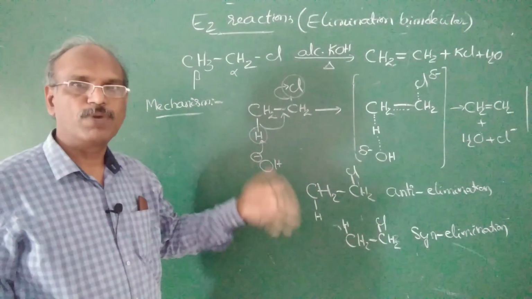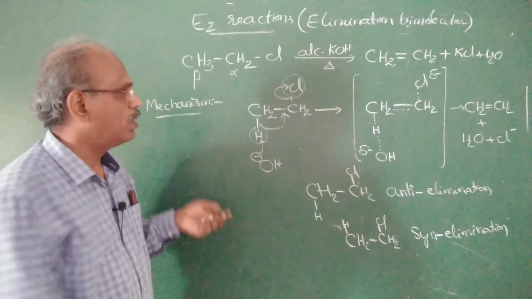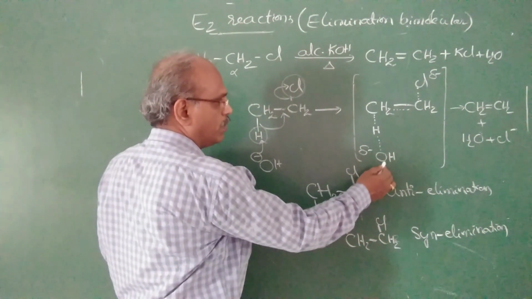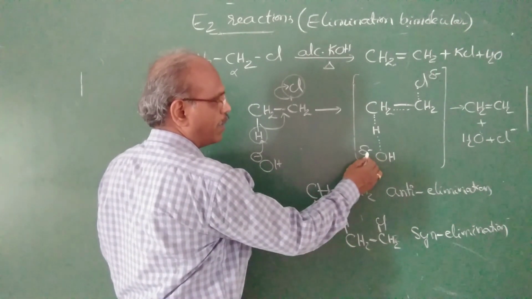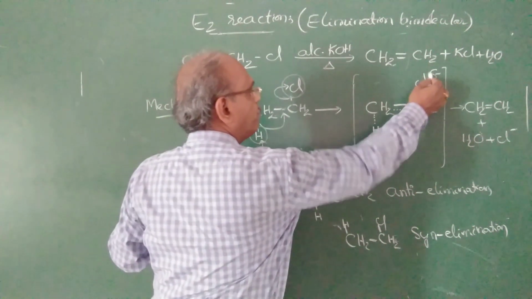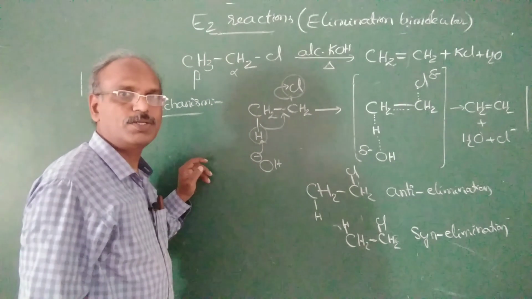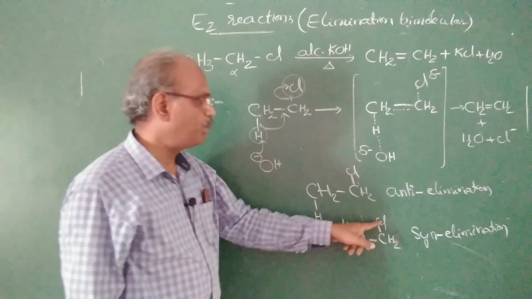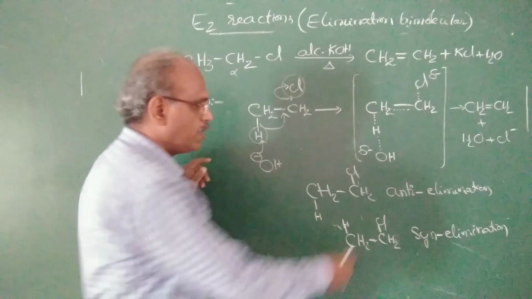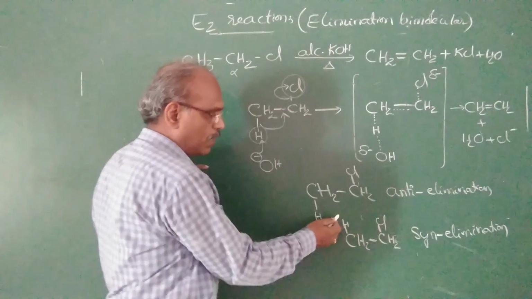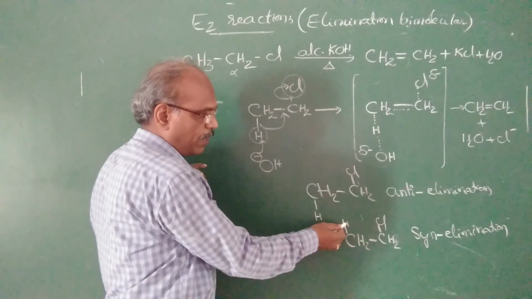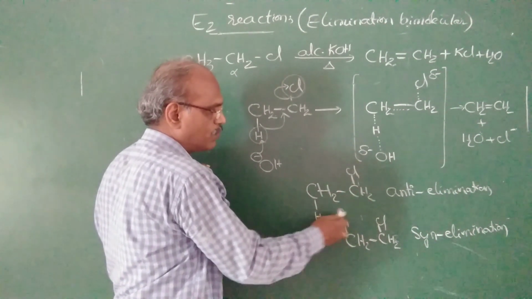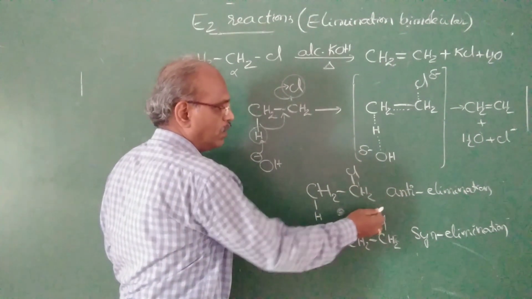What is the preferable reaction? See, if you look at this mechanism, here the base has a negative charge. The leaving group is also getting a negative charge. If hydrogen and this leaving group are on the same side, here delta minus, and it is approached by the base, so here also we have delta minus on the base, and here also minus on the leaving group.